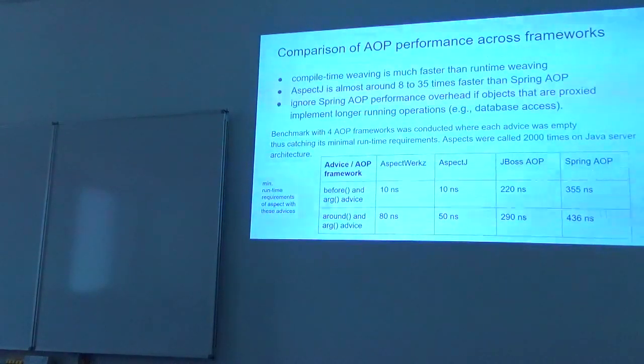So here are some general recommendations. Compile-time weaving is generally considered to be much faster than runtime weaving, and common knowledge is that AspectJ is around 8 to 35 times faster than Spring AOP. Spring AOP works with proxies, but these proxies are created only at the startup of the application, and you can also ignore this performance overhead if your aspects are meant to implement longer running operations such as database access.